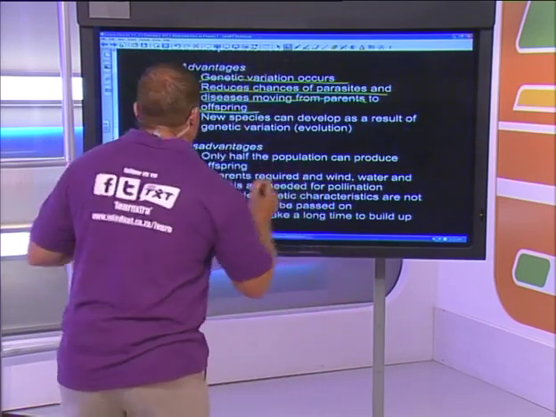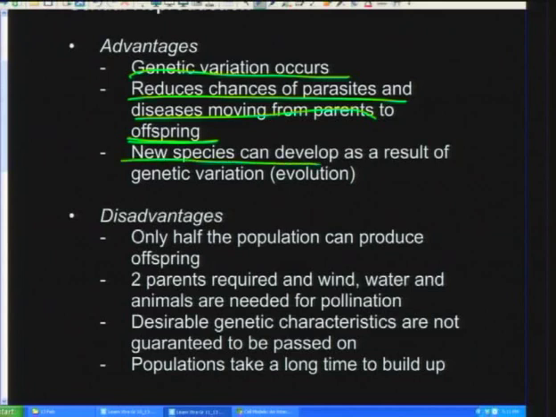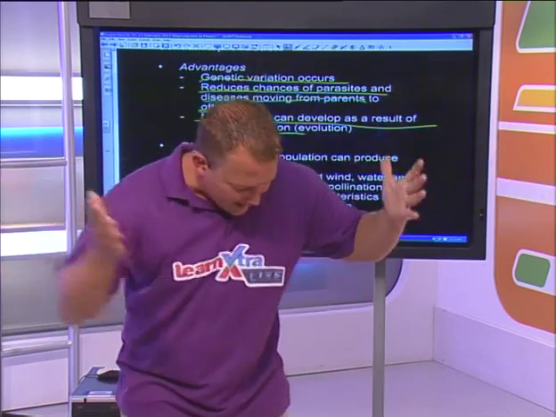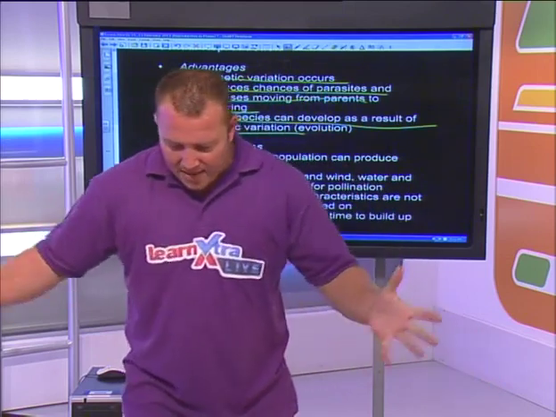Right, so let's have a look at how new species can develop as a result of genetic variation. In other words, think about this. I've got a nice one, I must just remember it. Can you remember that liger? My friends all talk about a liger, where they take a lion and a tiger and mate them together to make a liger. I'll post a picture on the page.